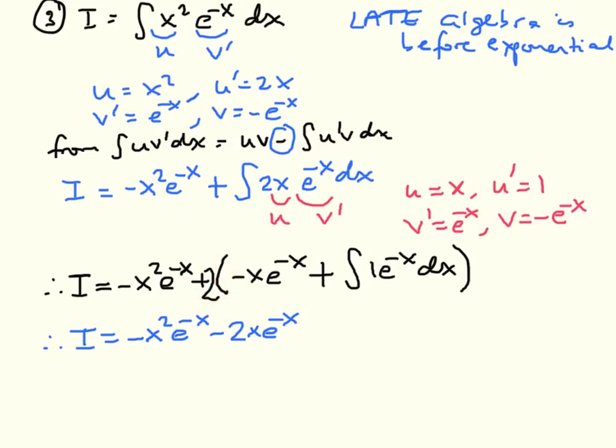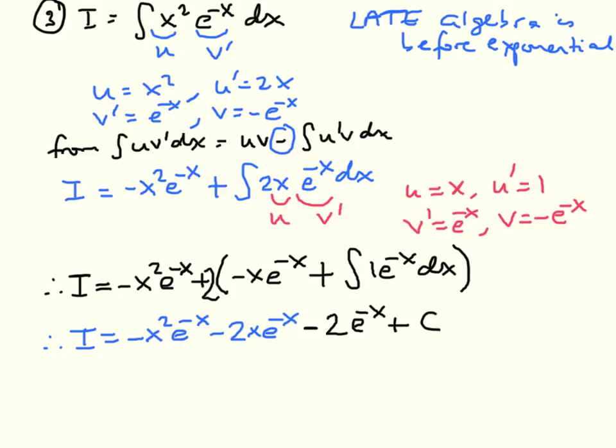And then we have plus 2, but I won't write the sign down immediately because the integral of e to the minus x is minus e to the minus x. So e to the minus x, and there is an extra minus sign from that integral, so that I put here, plus an integration constant from this last integral.